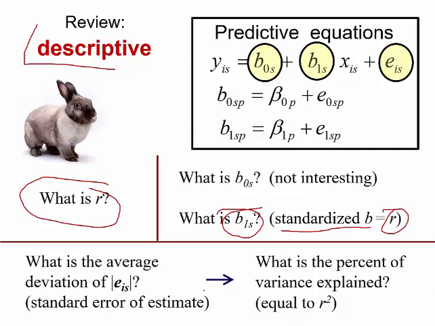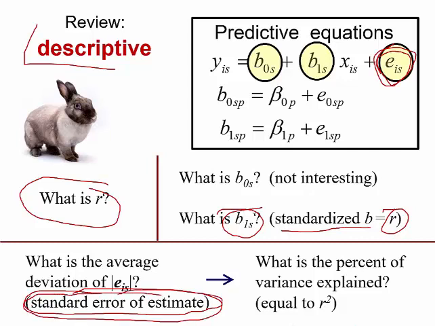Or we could also talk about the relationship by saying what's the standard error of estimate, the average size of these E's from our top equation, how far people deviate from their predicted values. The average size of those E's, the standard error of estimate, is also a way to talk about the strength of the relationship between two variables. In other words, as a relationship gets stronger, the E's get smaller. As a relationship gets weaker, the E's get bigger.